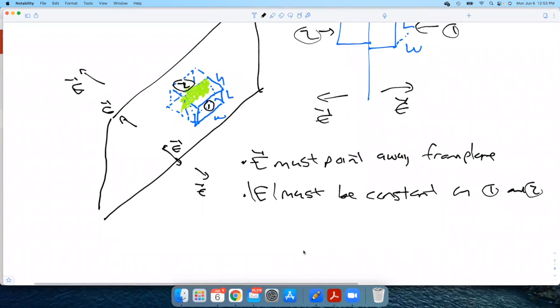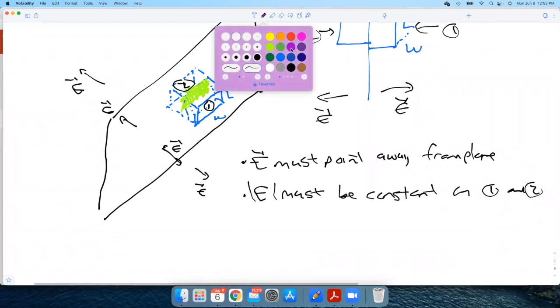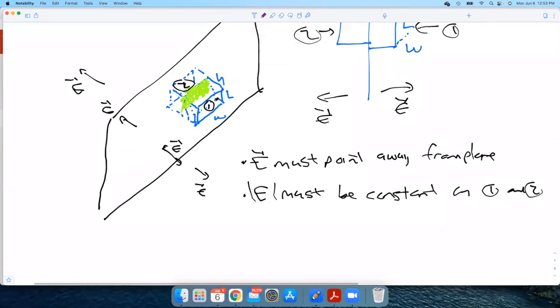Well, what about the other ones? Well, we won't care about the other ones. Let's draw some of our normal vectors. My normal vectors are going to point out away from the surface. Up here on top, for example, my normal vector points straight up. Over here, the normal vector points out like that.